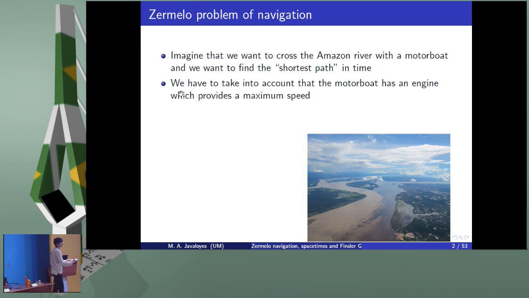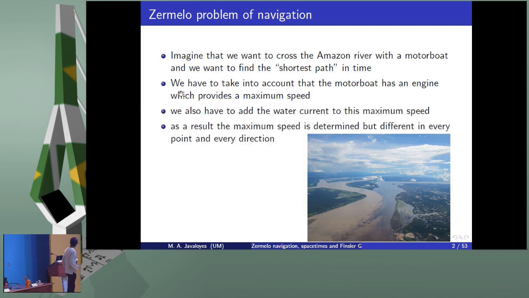Sometimes the current of the river can be positive or negative. So the question is, which is the shortest path in time? With this configuration, we have determined the velocity, the speed, in every direction.